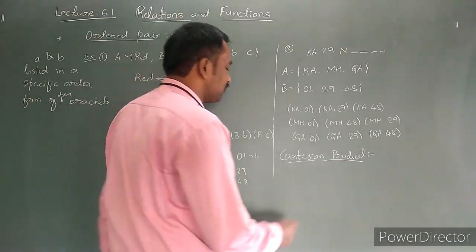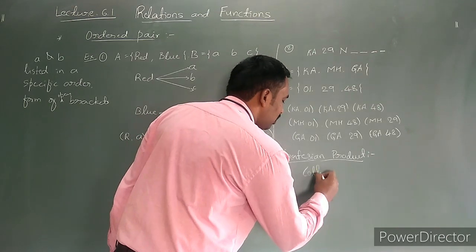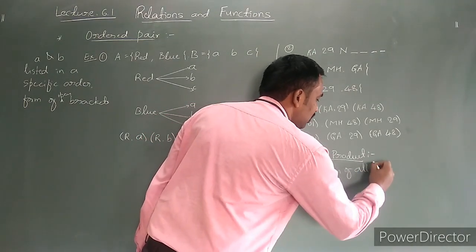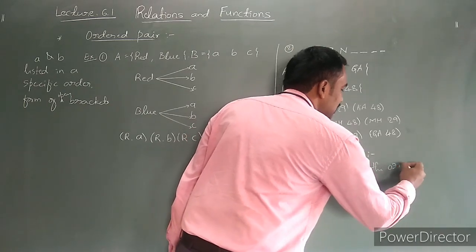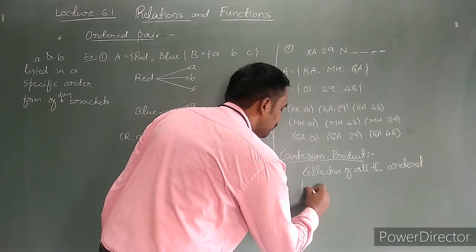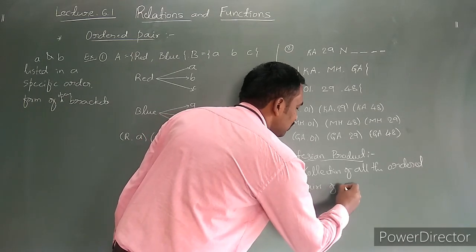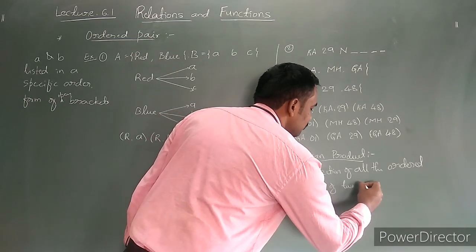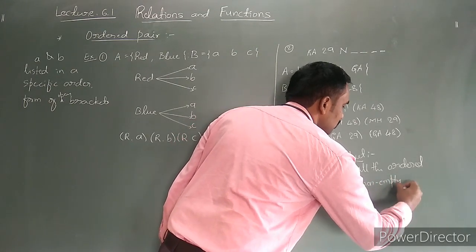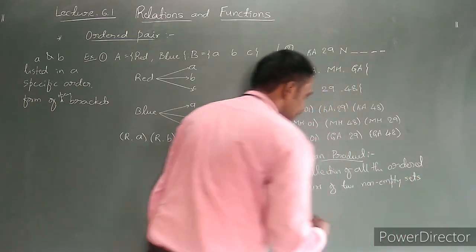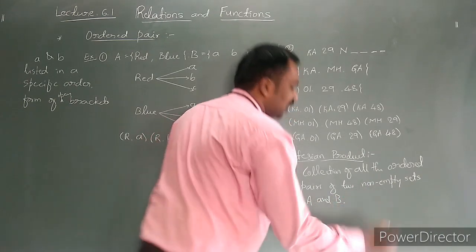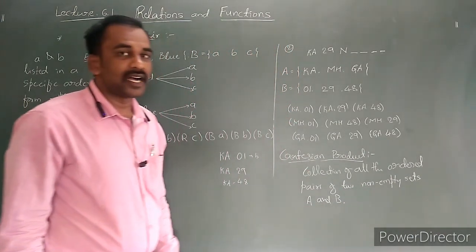Cartesian product is nothing but the collection of all the ordered pairs of two non-empty sets, either A and B or P and Q, whatever. This is said to be a Cartesian product.